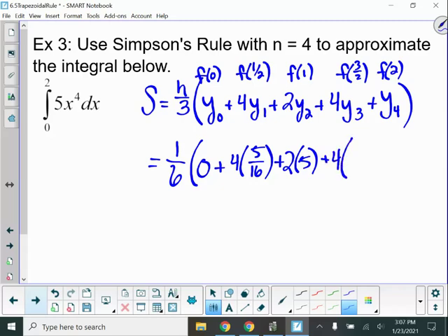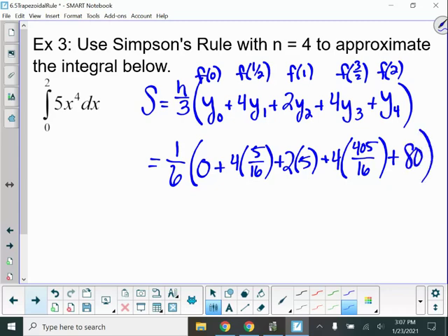Then I multiply by 4. When I plug in 3/2, 3/2 to the 4th is 81 over 16, and then times 5 is 405 divided by 16. And then I plug in the 2. 2 to the 4th power is 16, times 5 is 80.